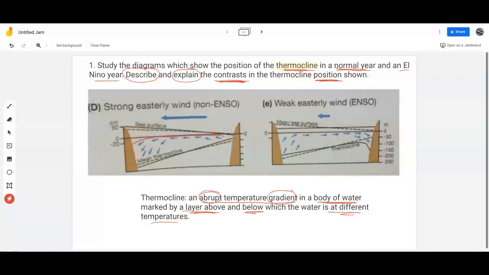This leads to a build-up of warm water in the west. So the thermocline just shows you where you get the difference between the warm water and the cold water. We'll just add that in. That's your warmer water there. And underneath, it's your colder water.